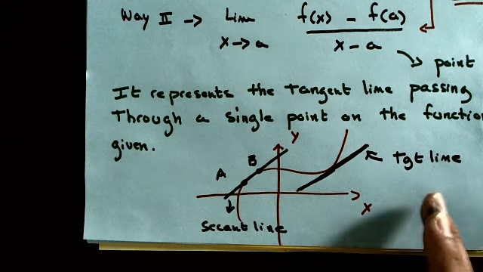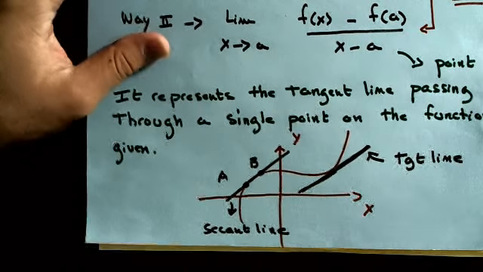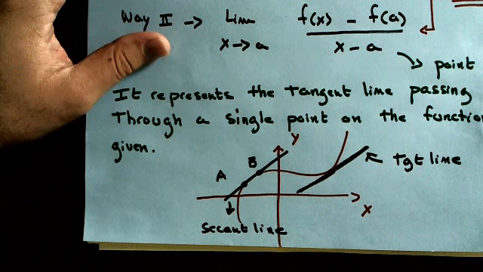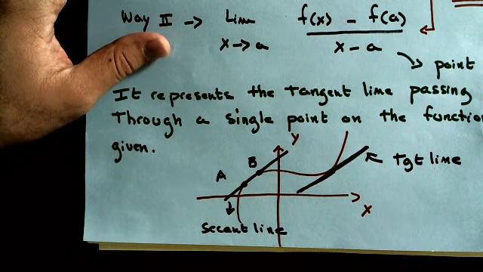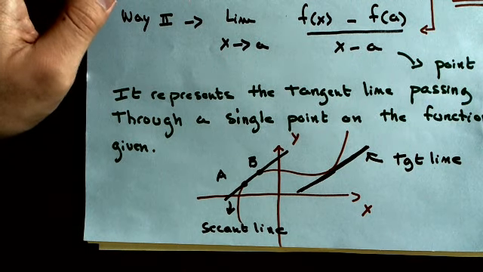So you have a tangent line and a secant line, and then we can just recap quickly.